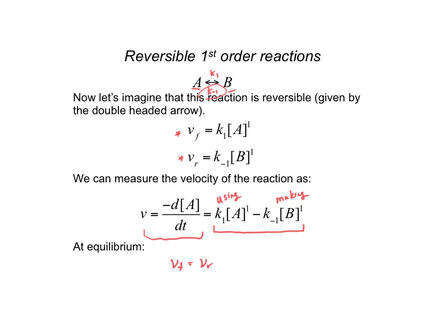right? So if we substitute this guy in, we essentially will get a relationship where the concentration of B over the concentration of A is equal to k1 over k minus 1, right? So at equilibrium, we have defined this ratio of concentrations as our equilibrium constant, but what can we also define as the equilibrium constant?